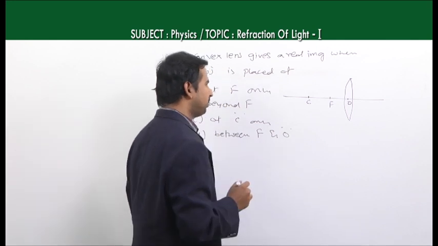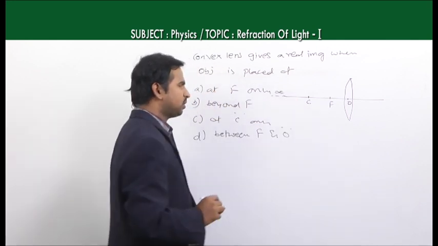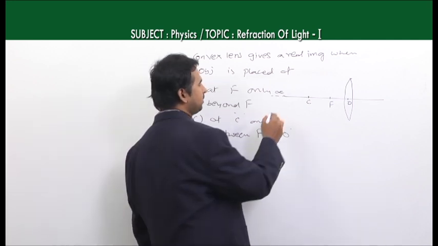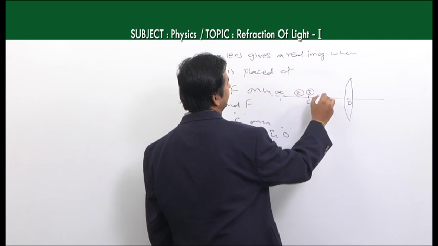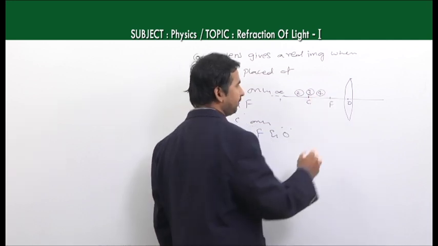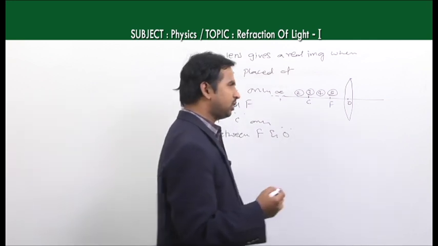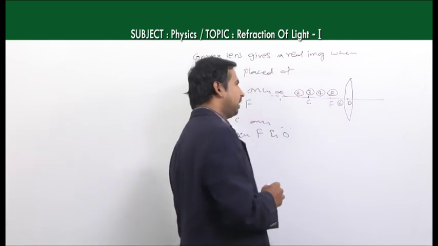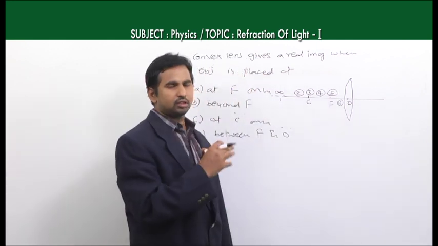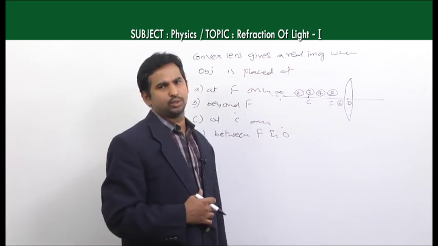The first position is when the object is at infinity, the second is between infinity and C, the third is at the center of curvature, the fourth is between C and F, the fifth is at the principal focus, and the sixth, which is a special case, is between focus and optic center. These are the 6 positions when the object is placed before the convex lens.